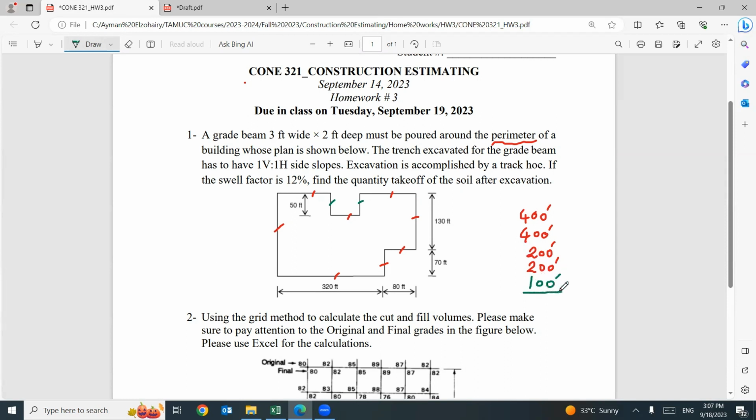So don't think that we have missing information or dimensions in this layout. The horizontal side here is 400; 320 plus 80 will be the same as this one plus this one plus this one. Does that make sense?